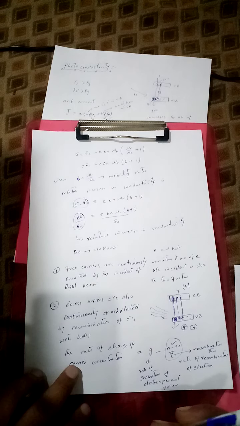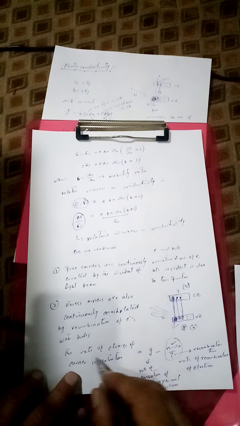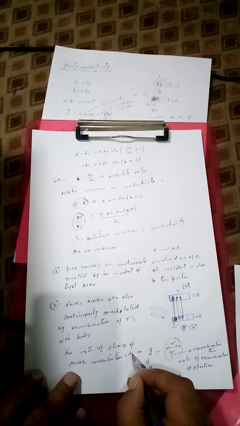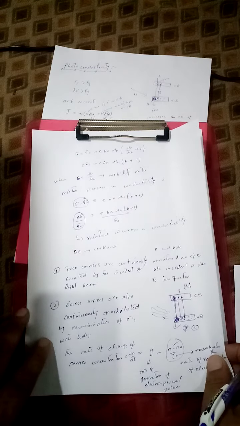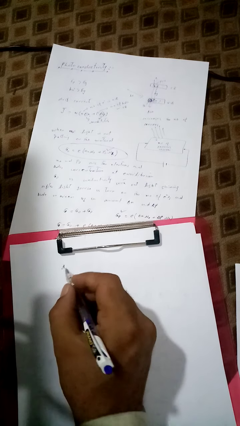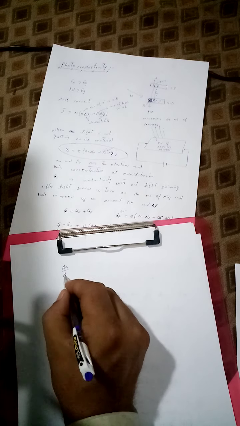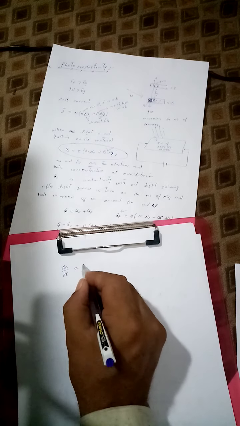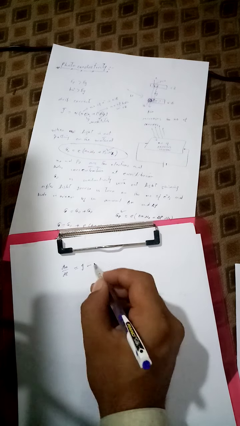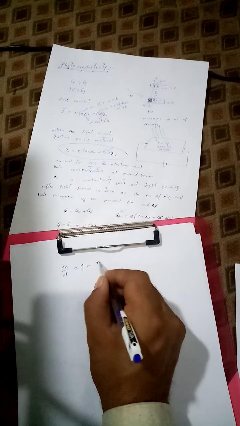So the rate of change of carrier concentration, dN over dt, is equal to G, the rate of generation of electrons per unit volume, minus the rate of recombination, and tau is the lifetime of carriers.